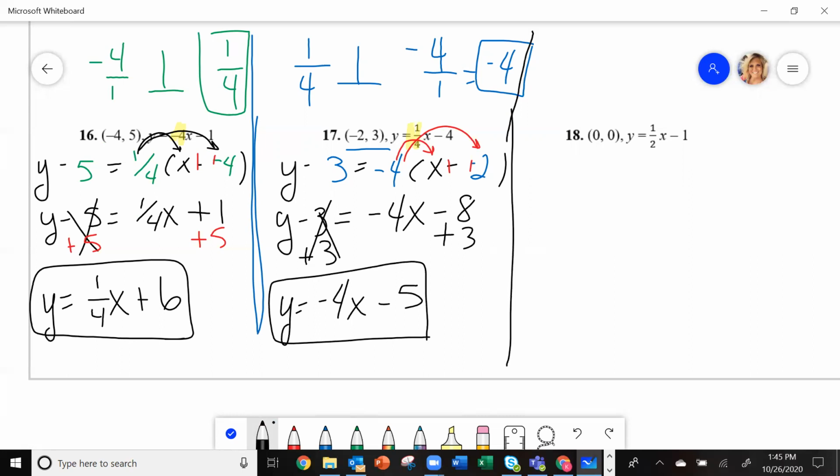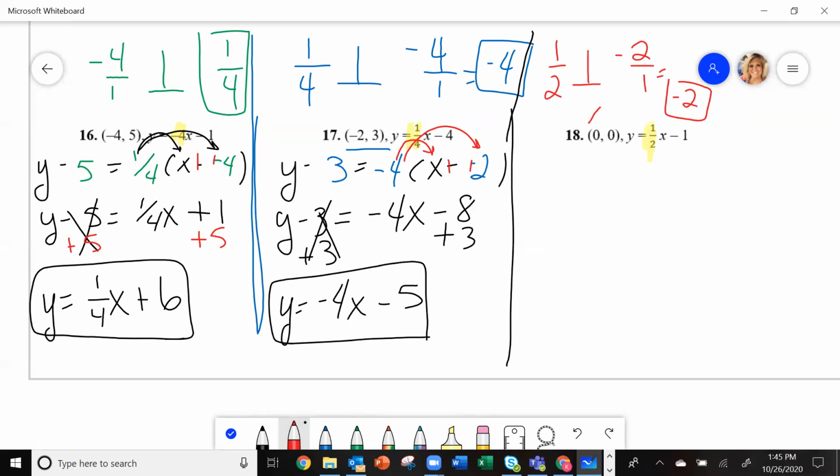All right, the last one. Here is your slope. Okay, so that's 1/2. For it to be perpendicular, it has to be the flipping opposite. So flip it over, and instead of positive, it becomes negative. So it is -2.